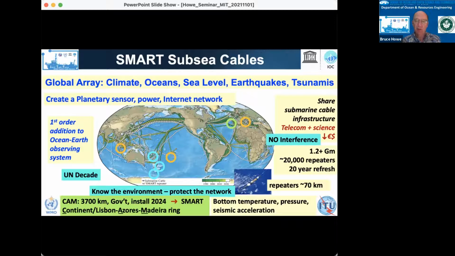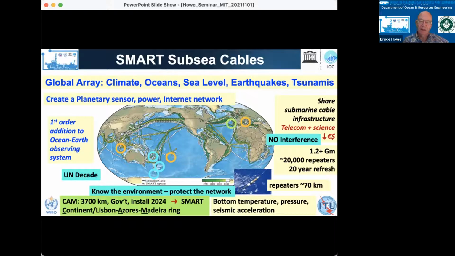If we succeed in doing this, and we're right on the cusp of starting really in water, this will be a first order addition to the ocean and earth observing system. And it all depends on sharing this subsea submarine cable infrastructure, telecom plus science, in order to reduce cost, which is a large part, and just from practical considerations.